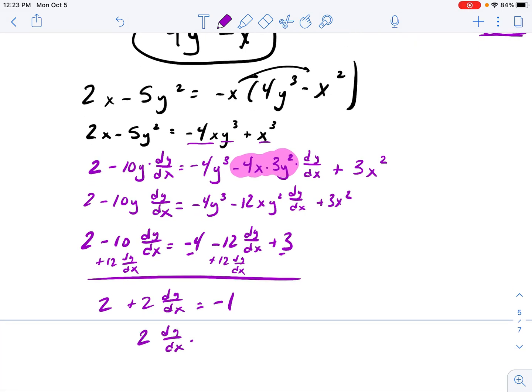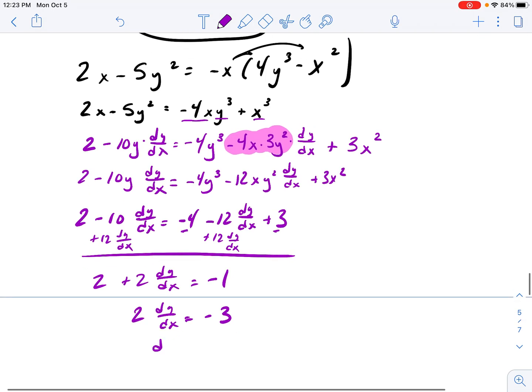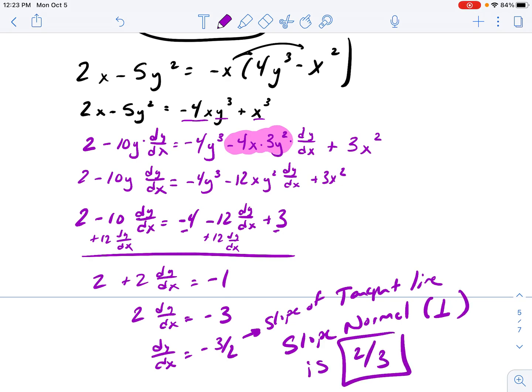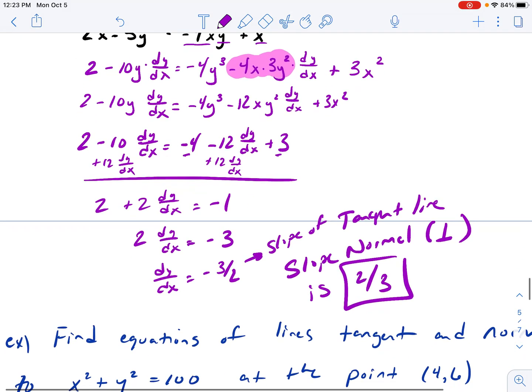So subtract and divide. Okay, so this is the slope of the tangent line. So the slope normal, which again is perpendicular, is positive 2/3 here. Okay?